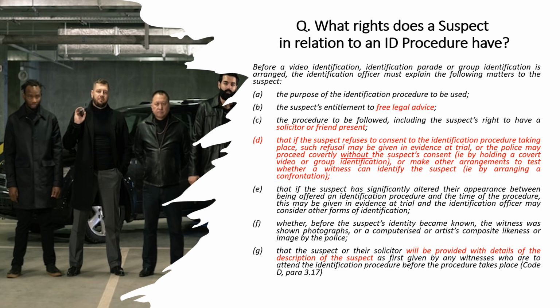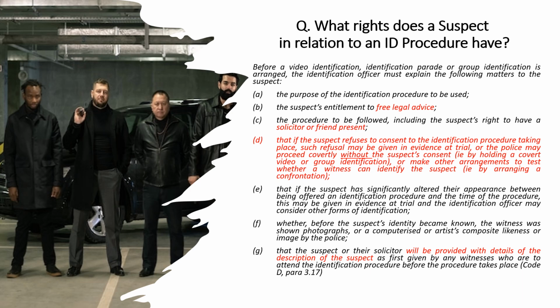a confrontation. E, that if the suspect has significantly altered their appearance between being offered an identification procedure and the time of the procedure, this may be given in evidence at trial and the identification officer may consider other forms of identification. F, whether before the suspect's identity became known, the witness was shown photographs or a computerized or artist's composite likeness or image by the police.